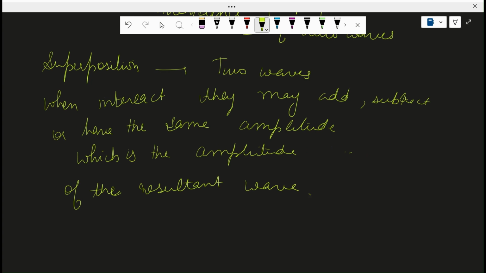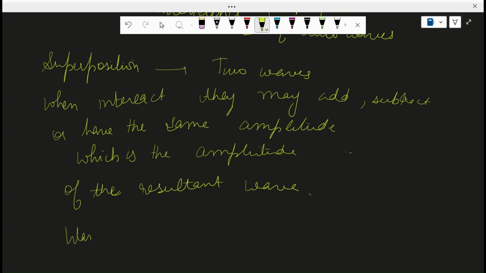So simply this is something where amplitudes are adding, subtracting. Or if they are two different waveforms, they don't add up, so they don't subtract. They will move with the same amplitude, right?